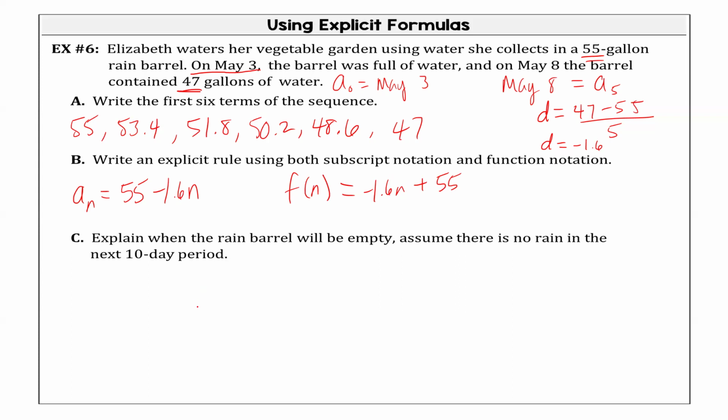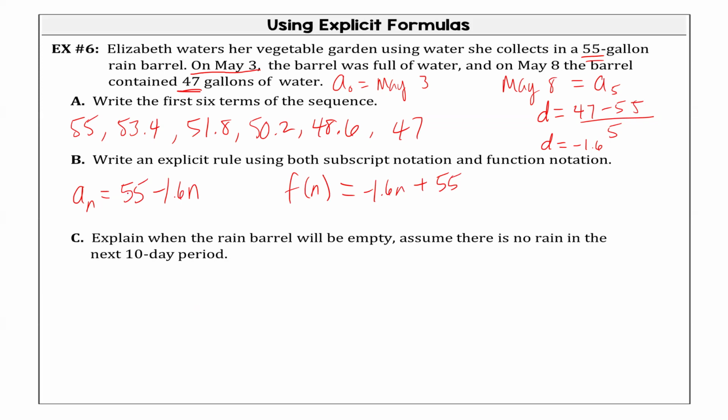Okay. Explain when the barrel will be empty, assume there's no rain in the next 10-day period. How would I calculate when the barrel will be empty? You make f of n equal 0.